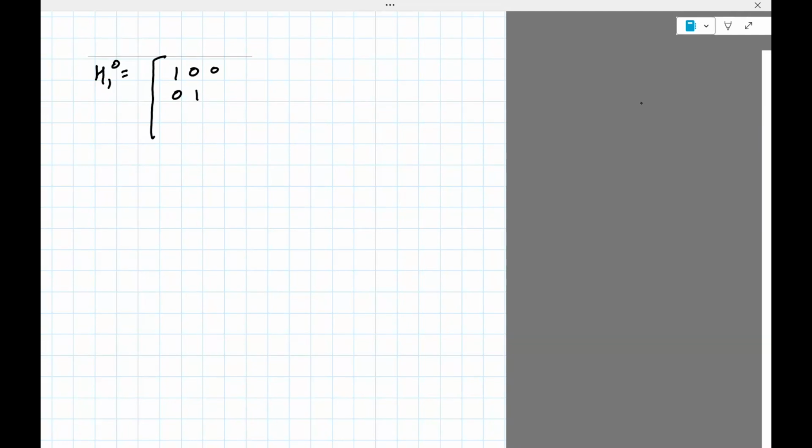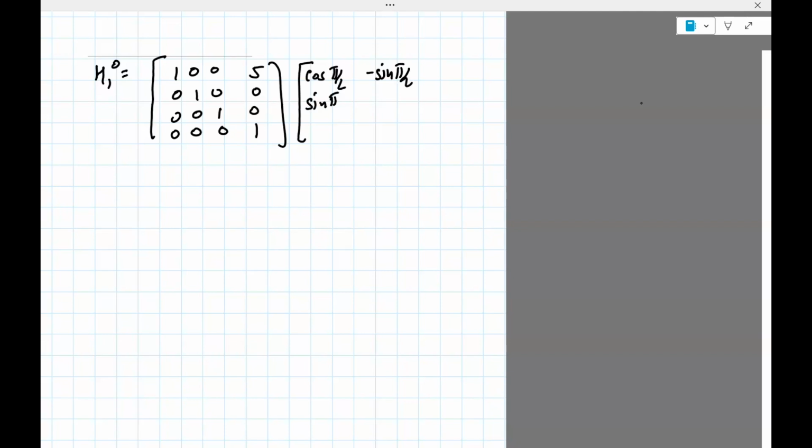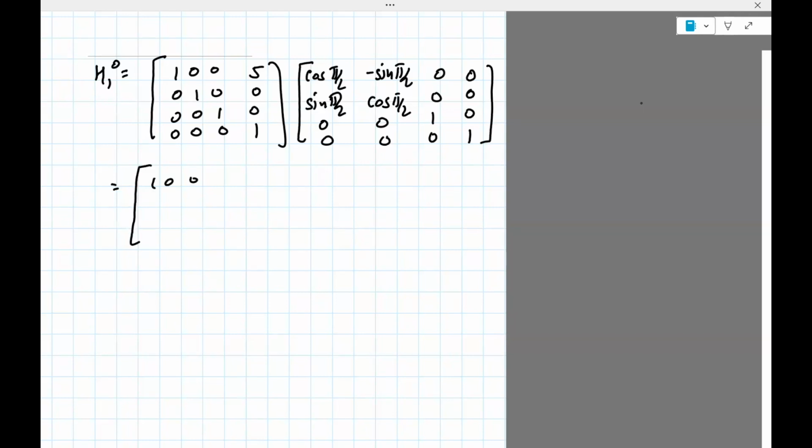Translation about the x-axis: 1, 0, 0, 5, 0, 1, 0, 0, 0, 0, 1, 0, 0, 0, 0, 1, and then rotation by 90 degrees about the z-axis: cosine pi divided by 2, minus sine pi divided by 2, 0, 0, and so on.